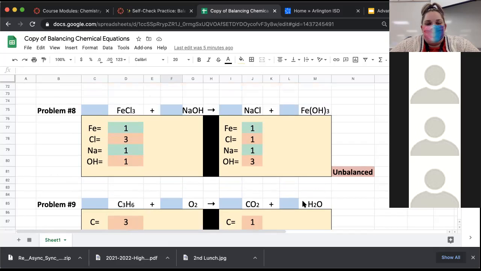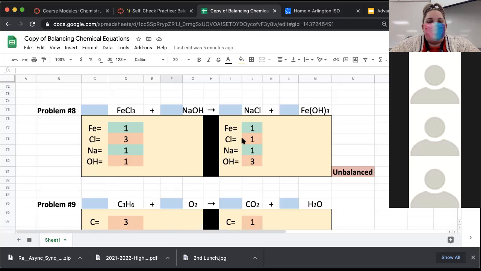Product. Yeah, I need to increase the product because remember, I cannot decrease numbers. So I can't make this 3 go lower. I have to multiply the 1 by something and increase it. So what number would I multiply this by in order to get it to match the amount that I have over here? 3. Yeah, I'm gonna have to multiply chlorine by 3 because 1 times 3 would be 3.